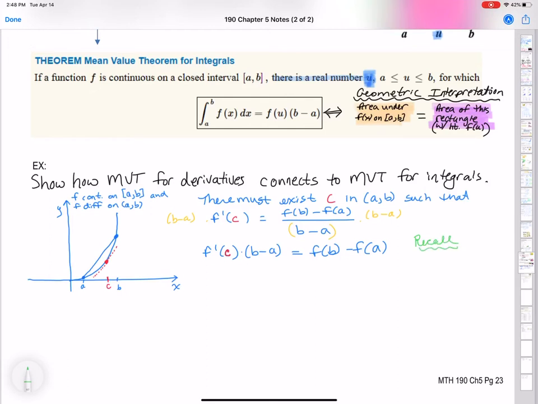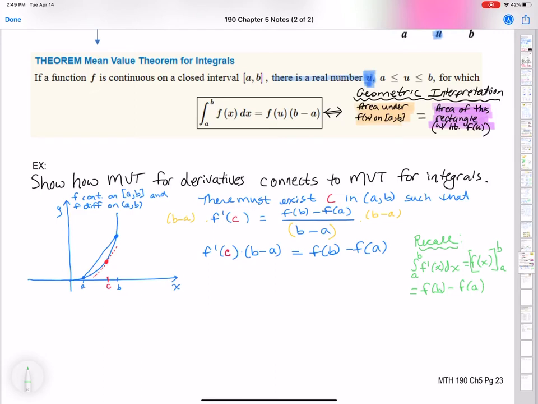I want you to recall that if you take a definite integral from a to b of the derivative f prime of x dx, first you take the antiderivative to evaluate a definite integral. The antiderivative of f prime would be f, and then you evaluate between your limits of integration. And so here, that would look like f of b minus f of a.